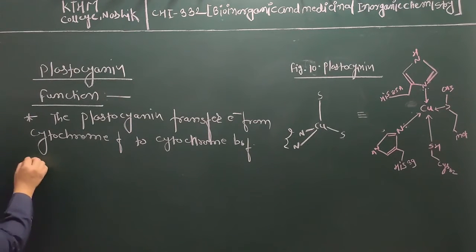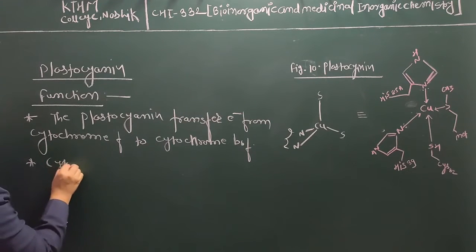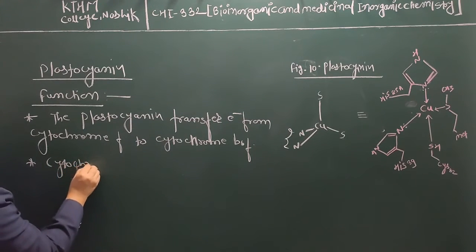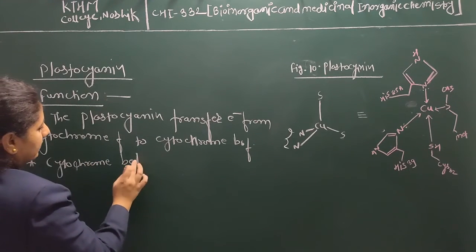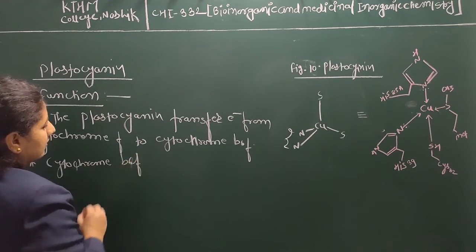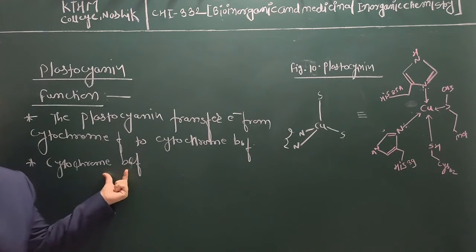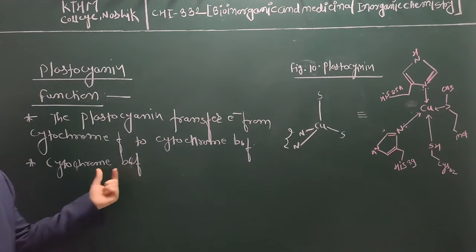Then the second function is that cytochrome B6F is from photosystem first.